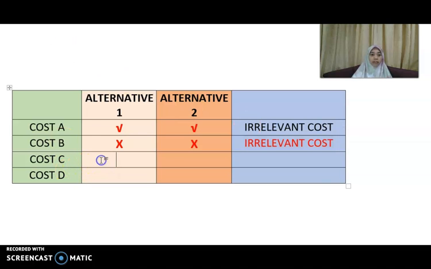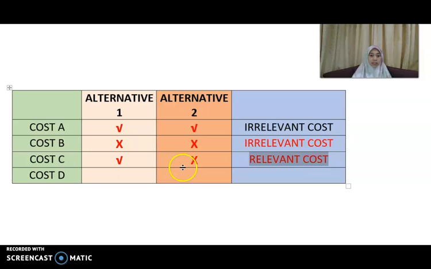What if you have to incur that particular cost for one alternative and do not have to incur it for another? If you proceed with alternative 1, you have to incur cost C. But if you proceed with alternative 2, you do not have to incur that particular cost C. So in that case, that is considered your relevant cost.